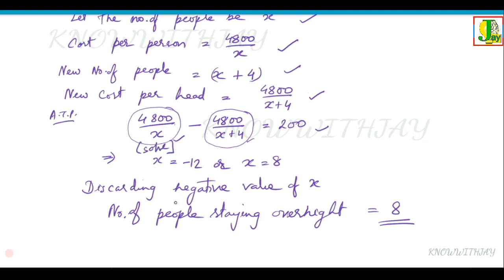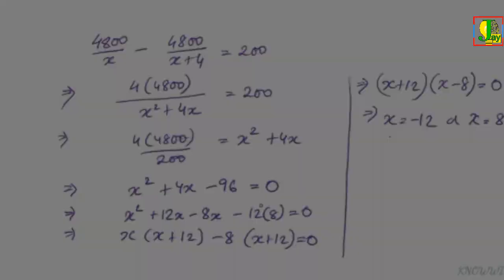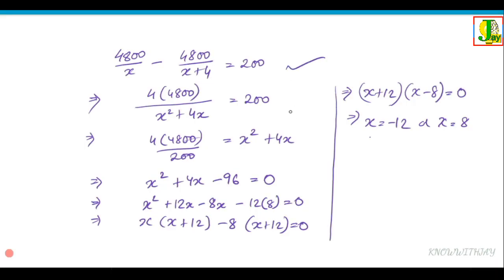Let us see the solution. This expression reduces to a quadratic equation, x square plus 4x minus 96. When solved, this quadratic equation gives two solutions, x equals minus 12 or x equals 8.